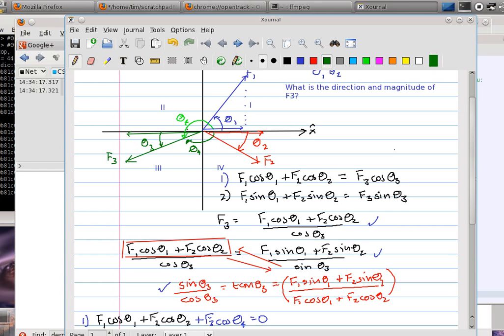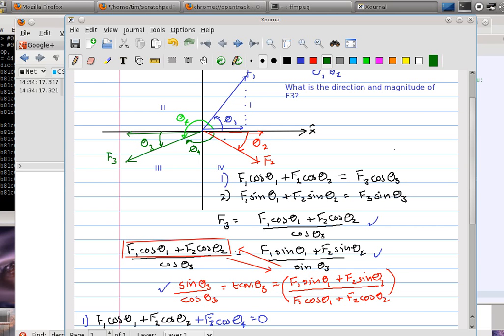Well, it turns out that those two are equivalent angles as measured from the x-axis. One is less than 180 degrees, the other is greater than 180 degrees. And if we want to be real specific about tan2, it's defined from negative pi to positive pi, or negative 180 to positive 180 degrees.